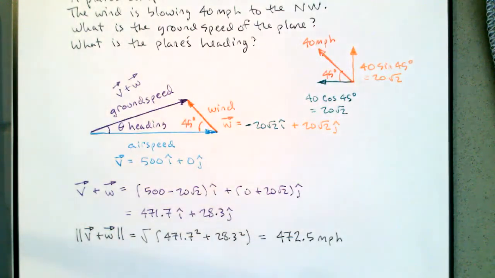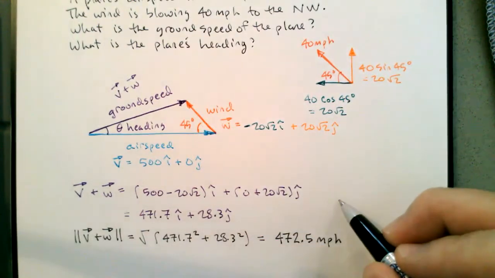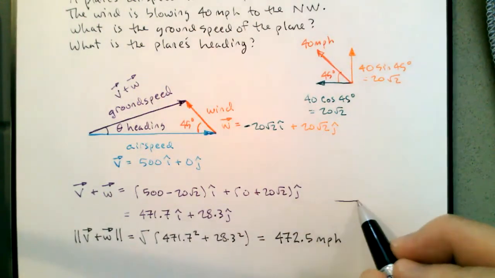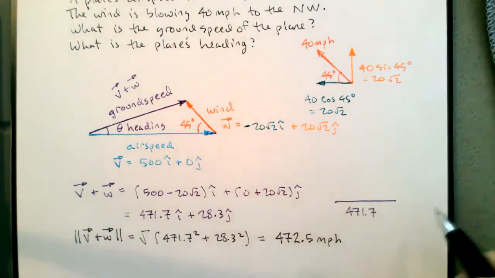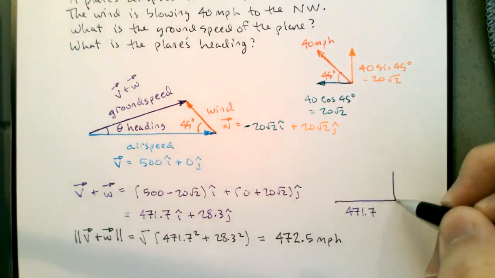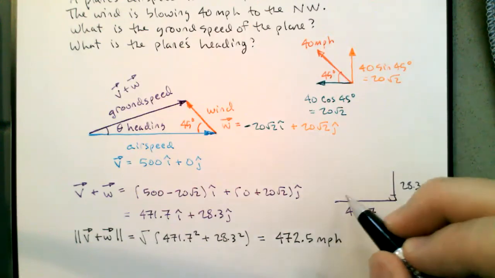If I want to figure out the angle, the angle is going to be based on the tangent because I have two components, a horizontal and a vertical component. So if I pull this vector into a right triangle, I've got 471.7 and a 28.3 vertical.